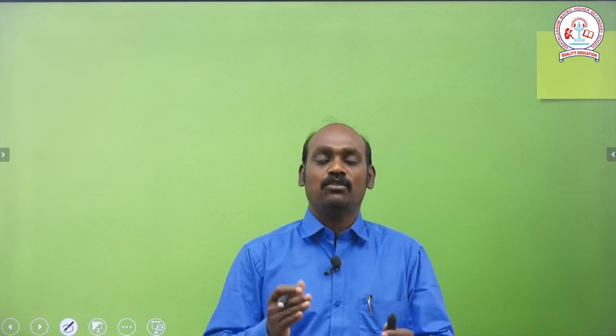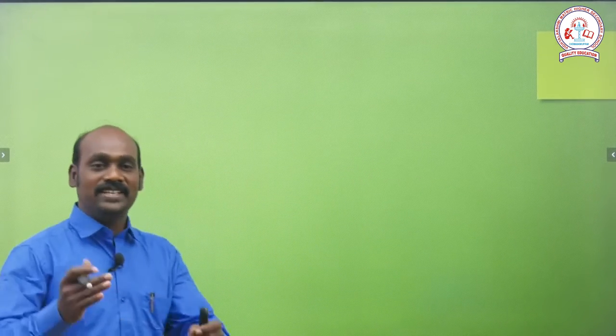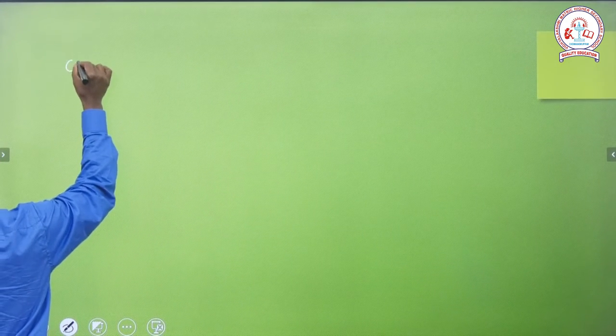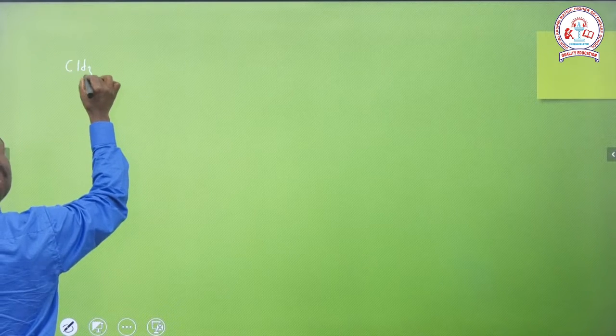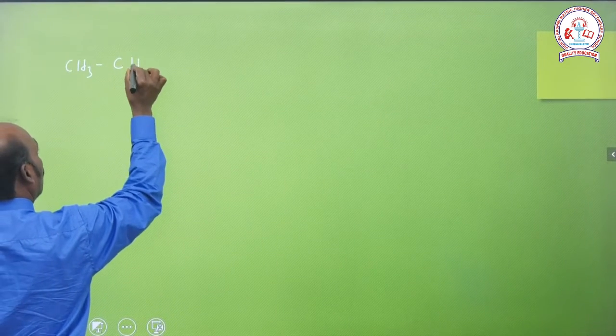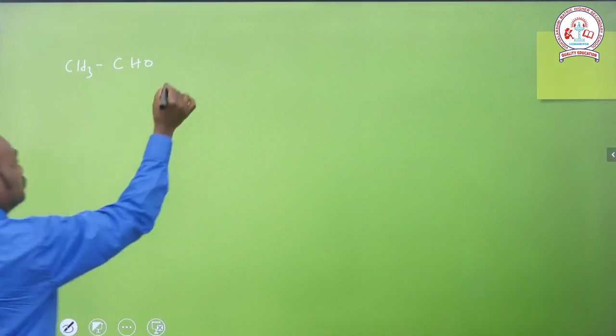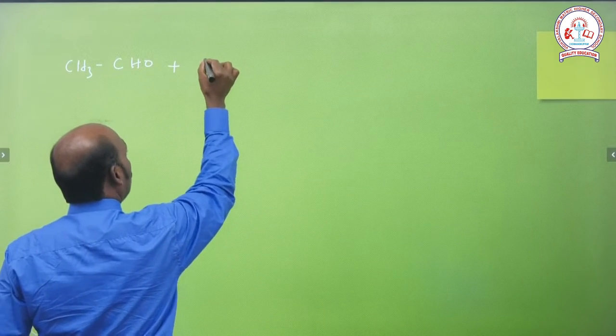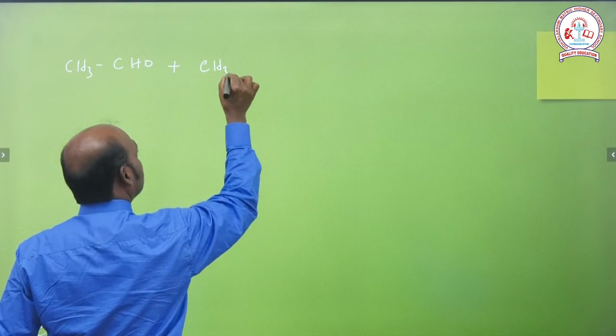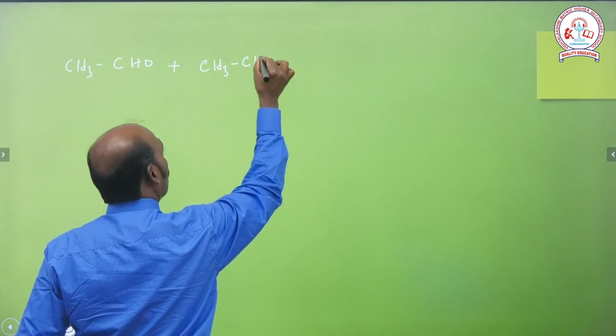Before that we have to write the example for Aldol condensation. Let us take acetaldehyde. What is the formula for acetaldehyde? CH3CHO and one more CH3CHO.